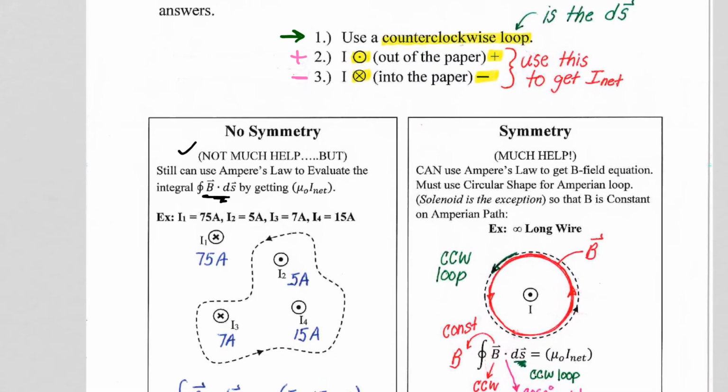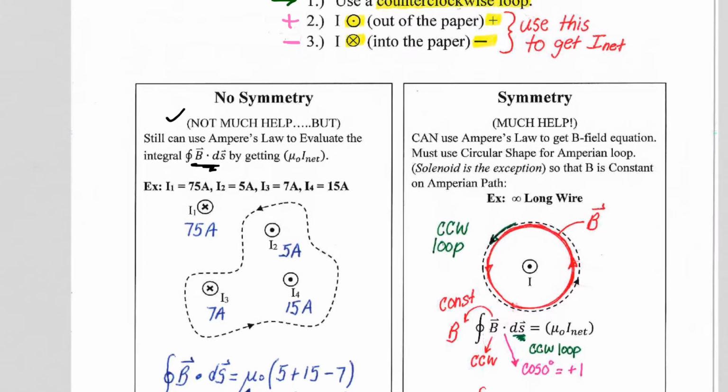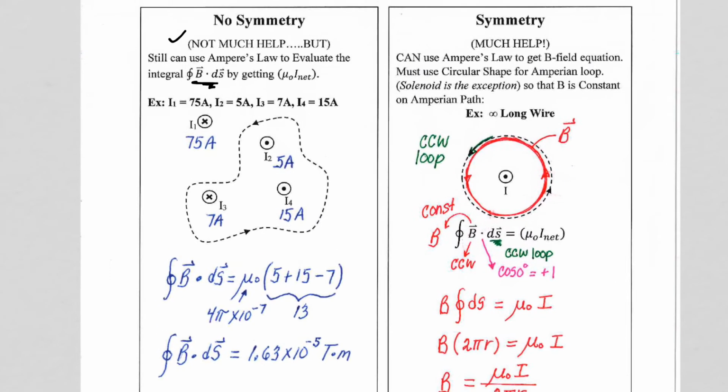If you were asked to evaluate that integral over a closed path, you would do as we did on our last page of notes: look at the currents that are enclosed only.